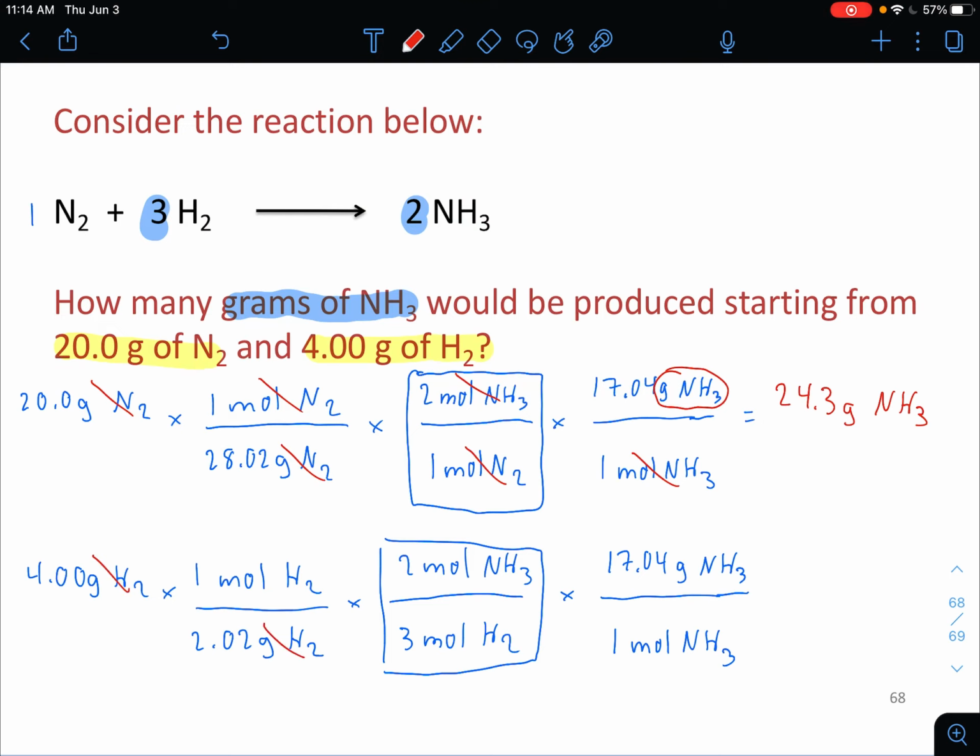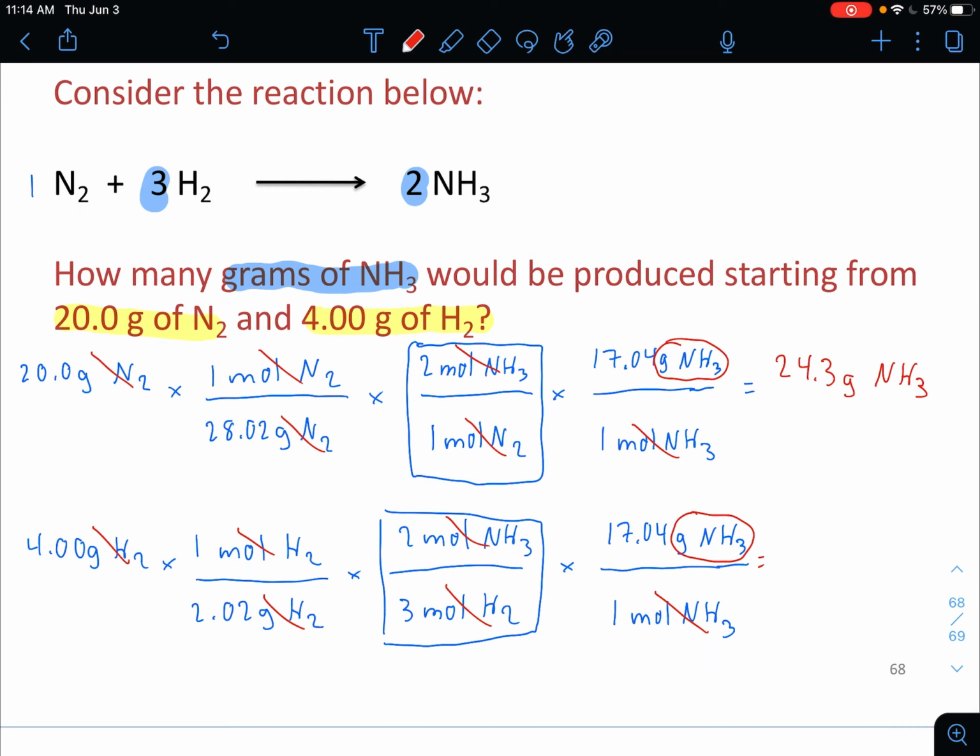Grams of reactant, moles of reactant, moles of product, grams of product is left. 22.5 grams of NH3.